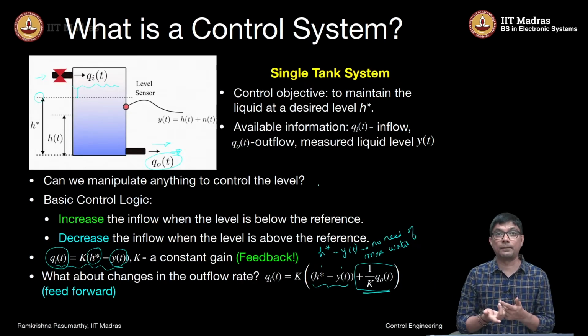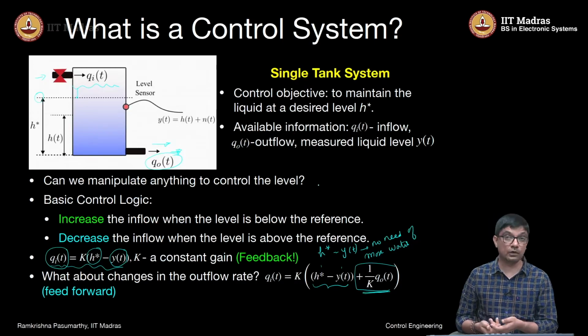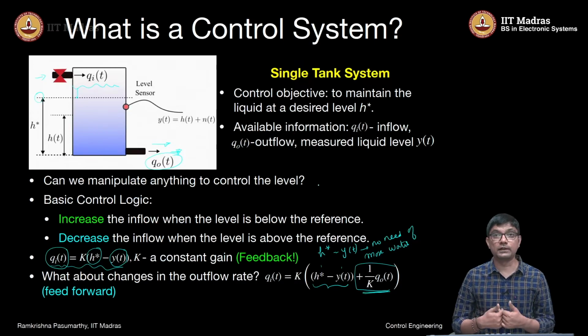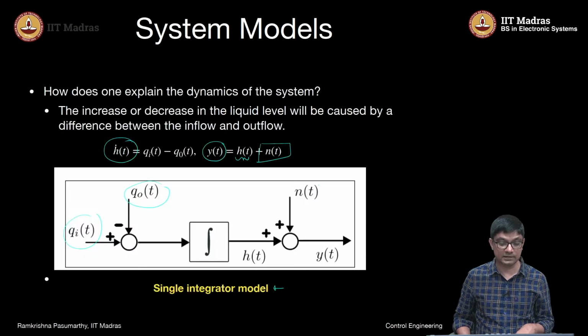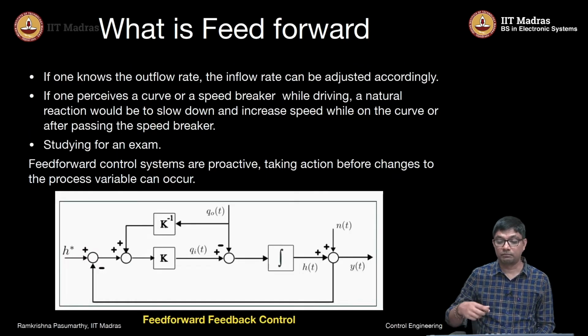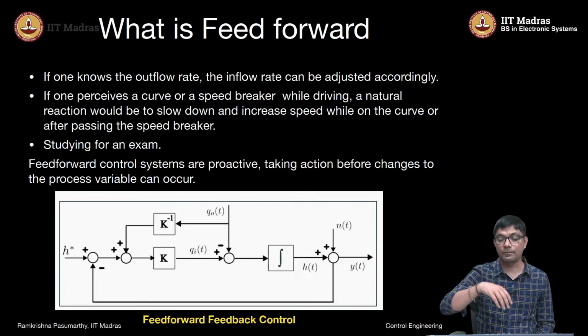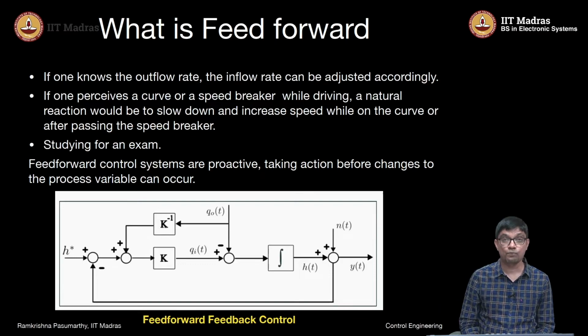But there is something more happening here. There is Qo. Some water is continuously flowing out of the tank. If I know the outflow rate, I can adjust my control accordingly, or the inflow rate, the way I deal with opening of my tap or the valve, can be adjusted accordingly.